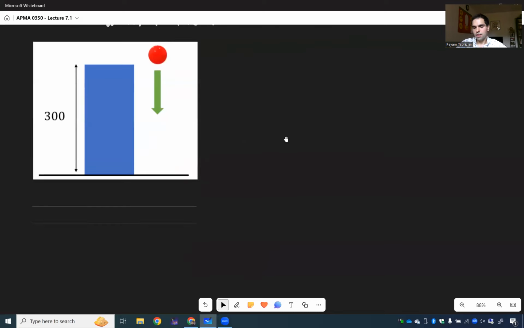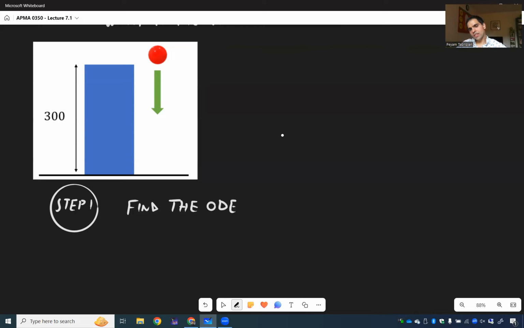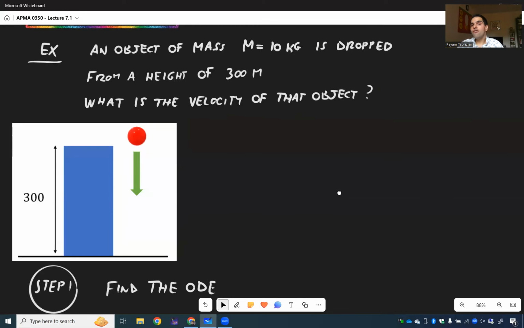So, step one, find the ODE. Well, we do have a mention of mass, and we want to find a velocity.